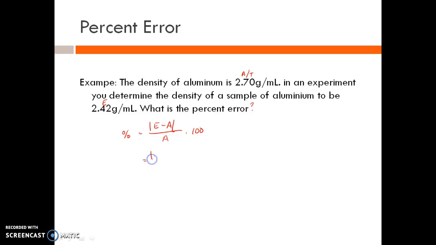So plug and chug here, 2.42 grams per milliliter minus 2.70 grams per milliliter, and I want the absolute value of that, divided by 2.70 grams per milliliter.